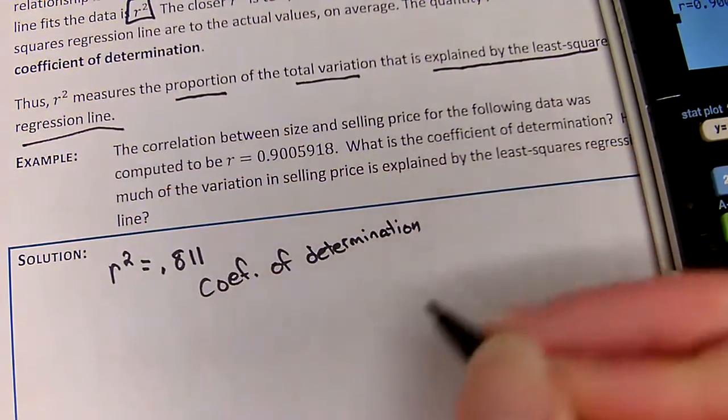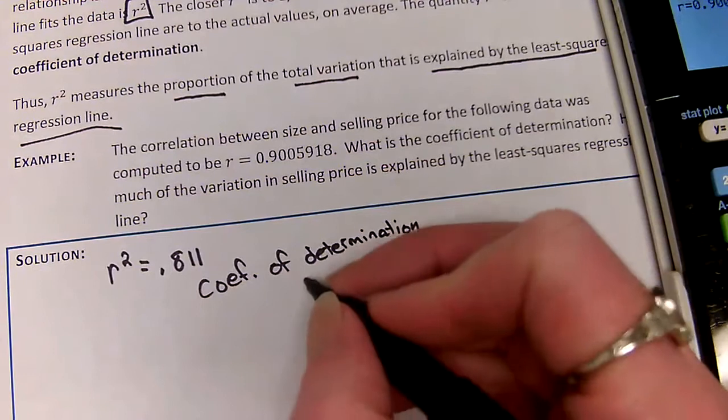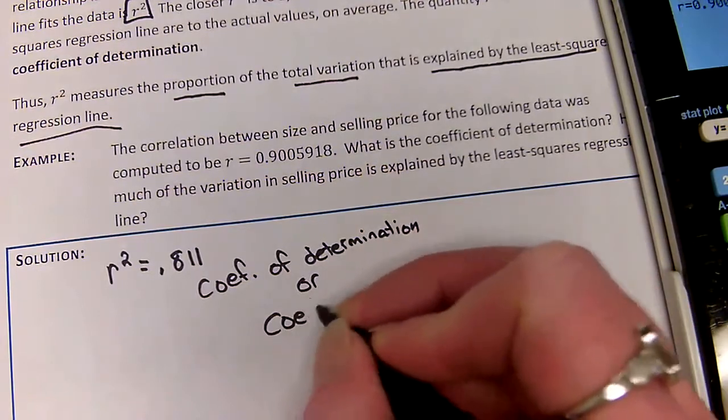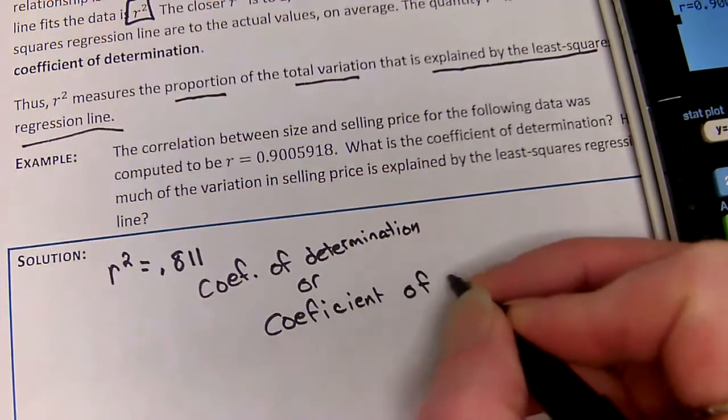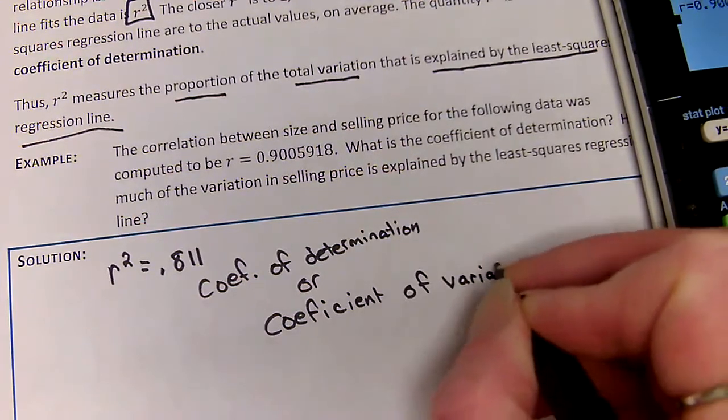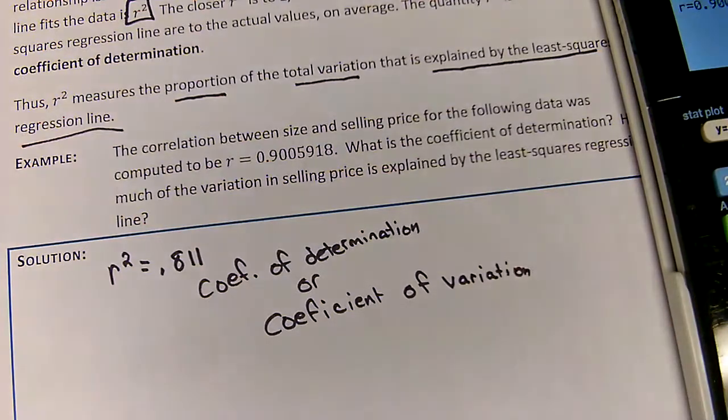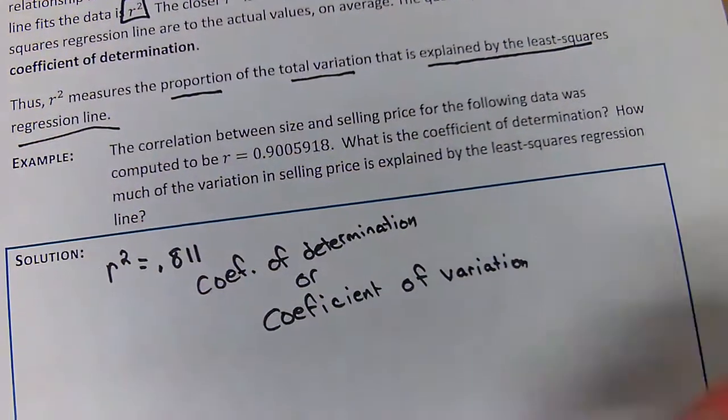Also sometimes called the coefficient of variation. Because it's telling us how much of the variation is explained by the regression line.